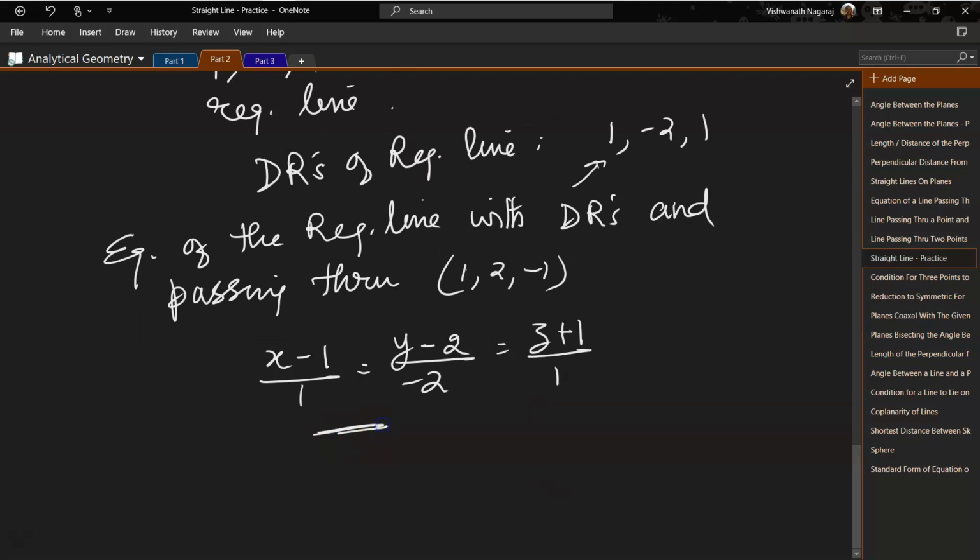So this is the equation of the line which passes through 1, 2, minus 1 and is perpendicular to the given two lines.